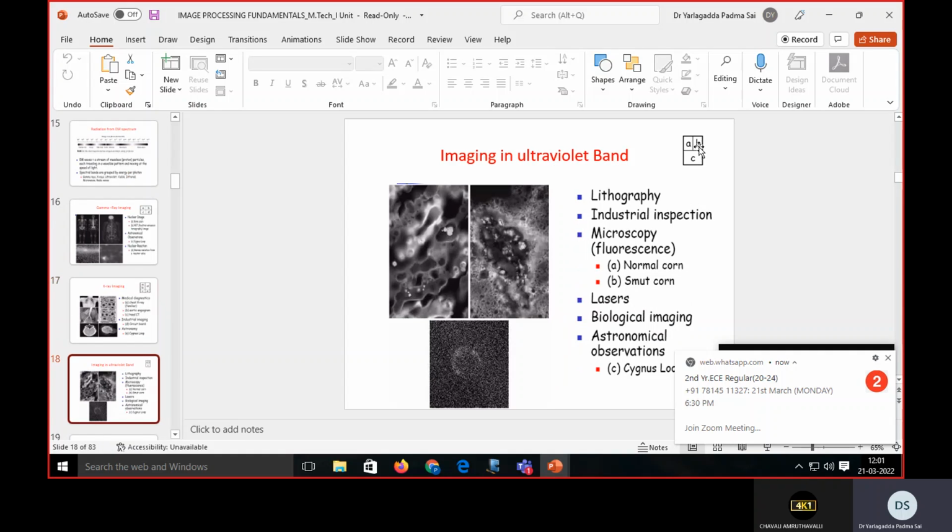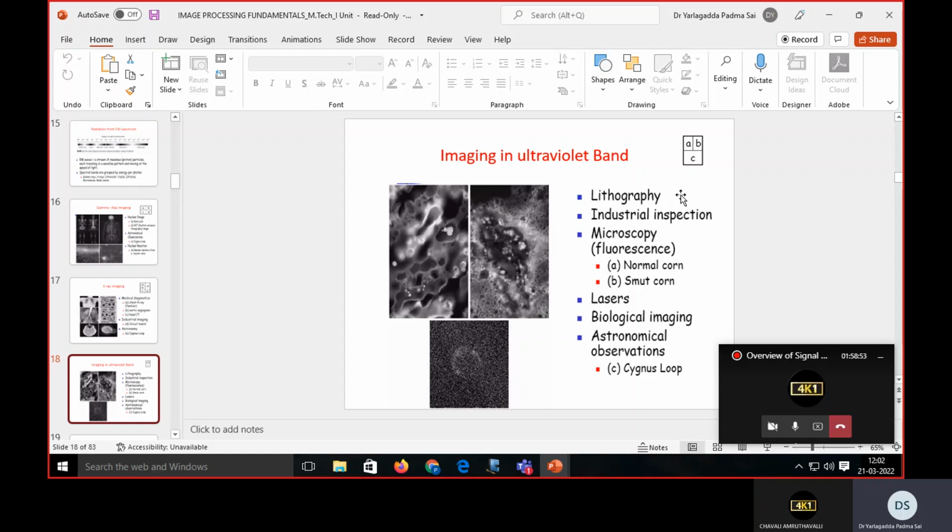Now the ultraviolet band: lithography, which is used when you are making a PCB. That process we call lithography. In addition, biological imaging and astronomical observation also use the ultraviolet band.